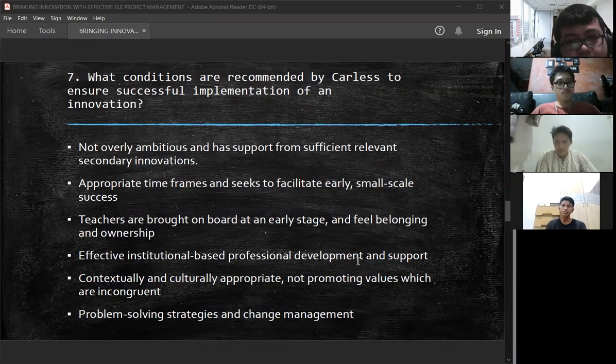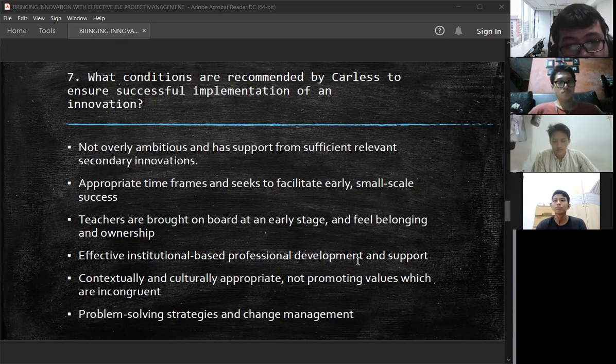The first one is the innovation is not overly ambitious and has support from sufficient relevant secondary innovation. Second is that the appropriate timeframes are set and it seeks to facilitate early small-scale success, which generates momentum and positive sentiments.